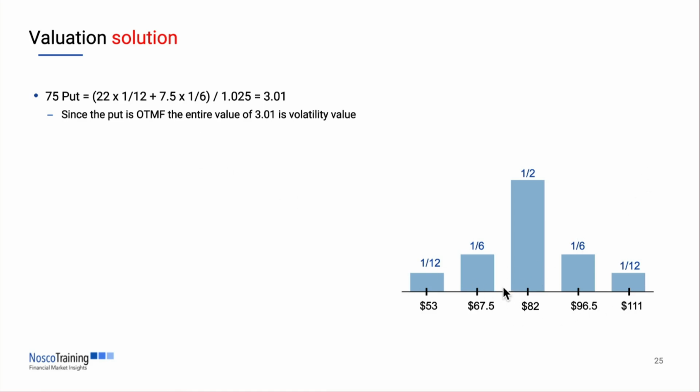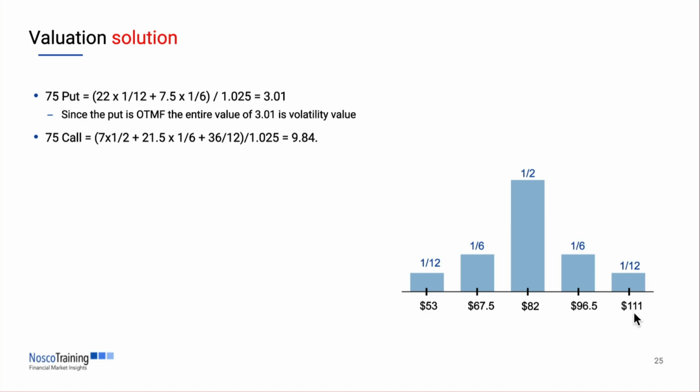Okay, strike is 75, right? If I now go to the 75 strike call, if we end at 82, it has a value of 7. Likelihood ending there is a half. If we end at 96.5, the strike is 75. We have a value of 21.5. Likelihood that we end there is 1 divided by 6.